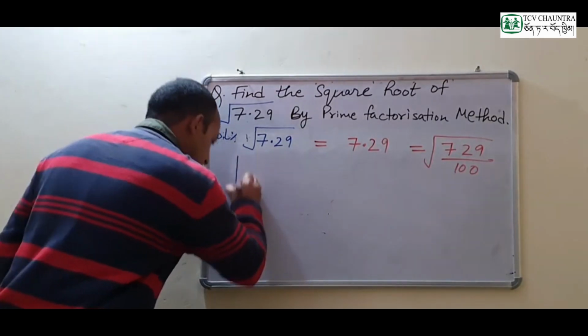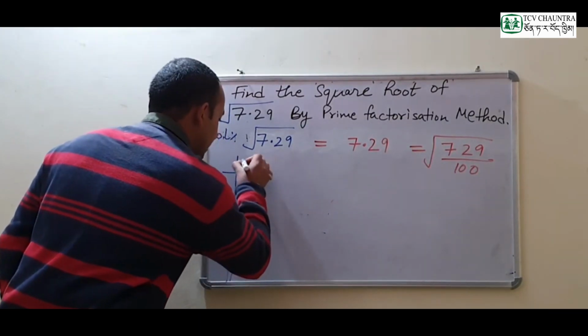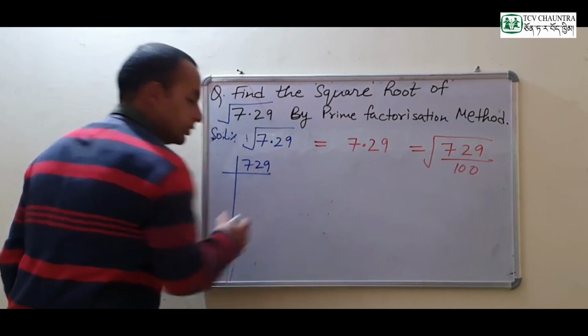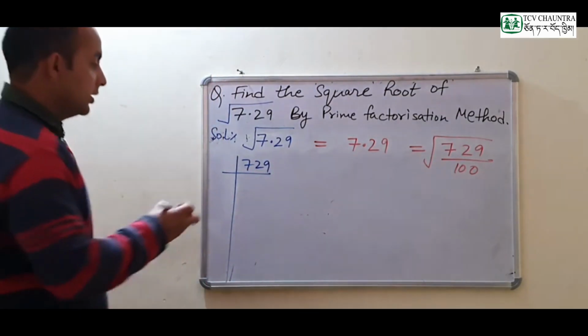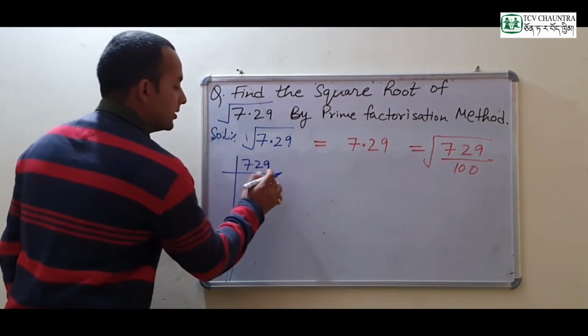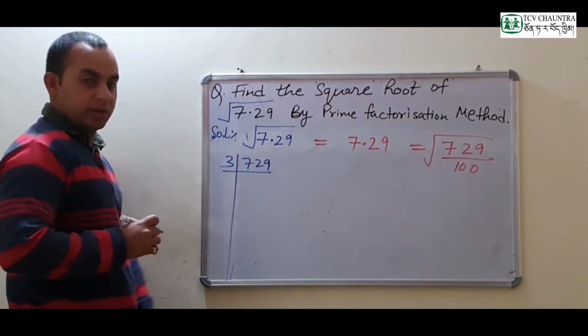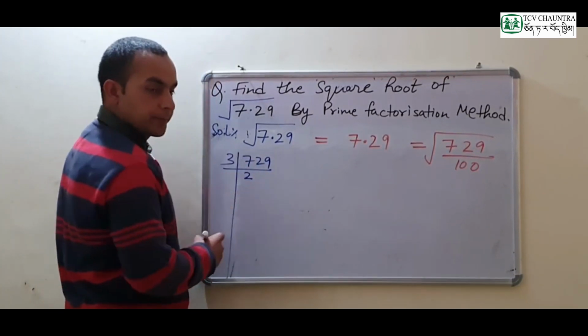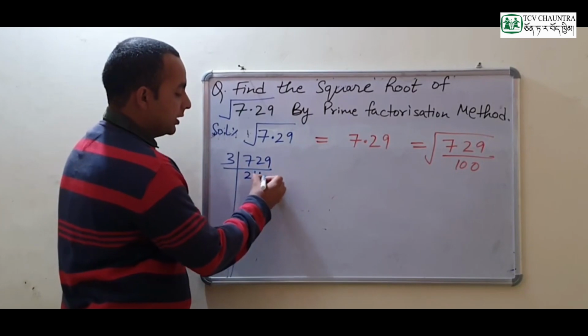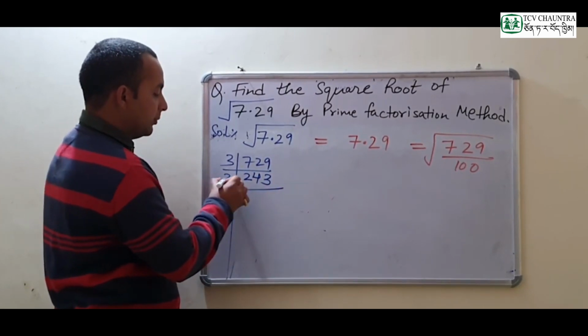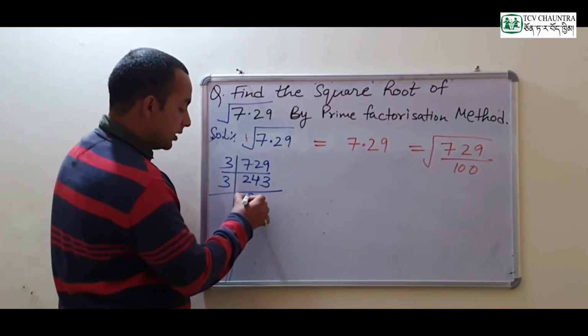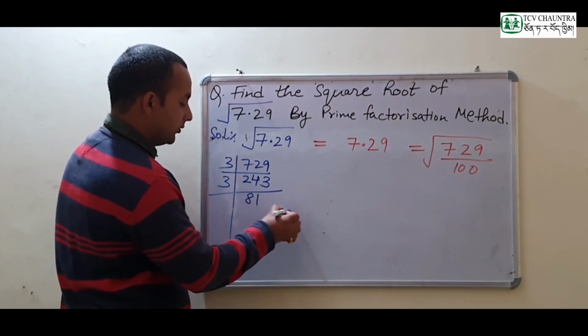Now again we are going to find with the help of prime factorization of 729. Your unit place is 9. With the help of prime factor 3, 3 2s are 6, 1 left, 3 4s are 12 and 3 3s are 9. Again with 3, 3 7s are 21, 3 1s are 3.